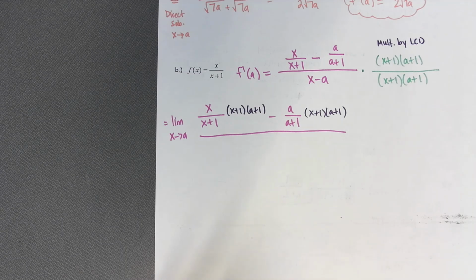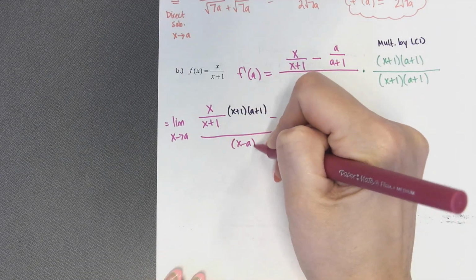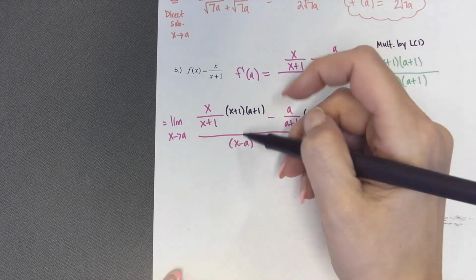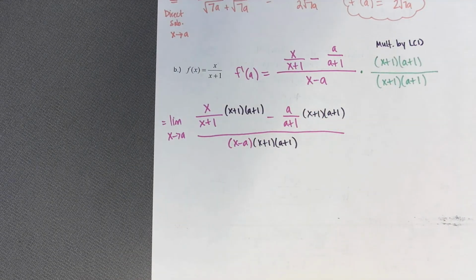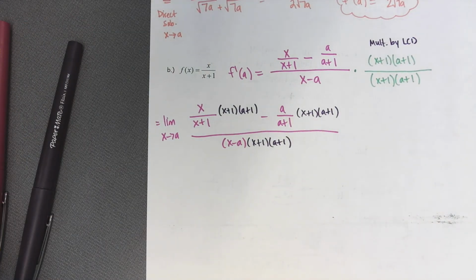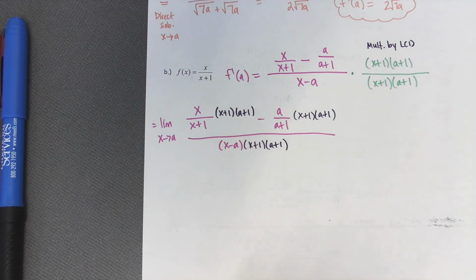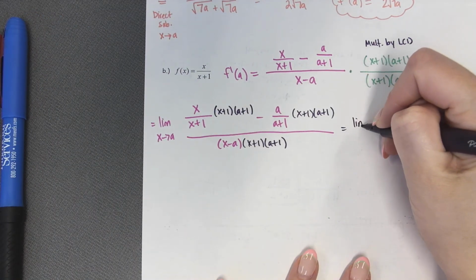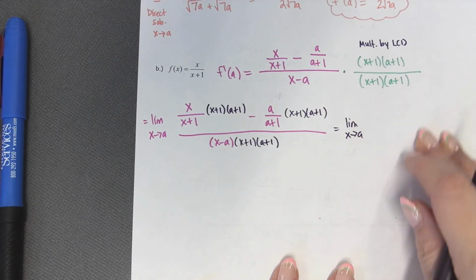And then in the denominator, we know that we're going to be multiplying the x minus a, x plus 1, a plus 1, and now we can cancel those out. If you want, you can do this step next.